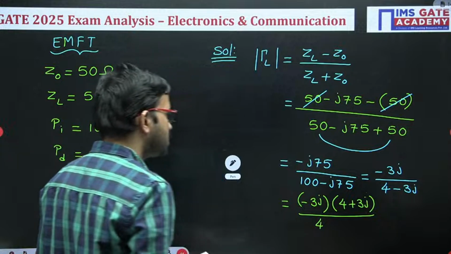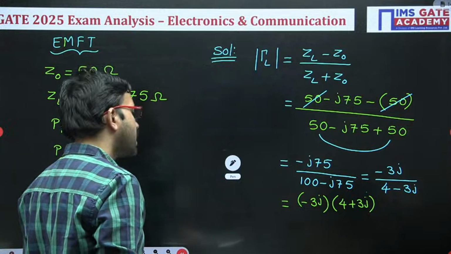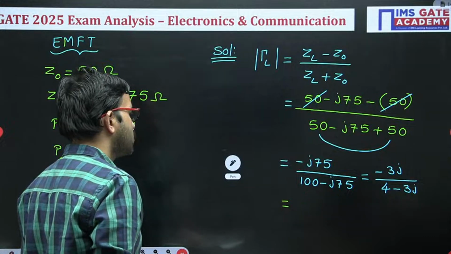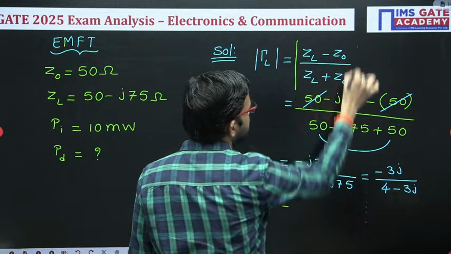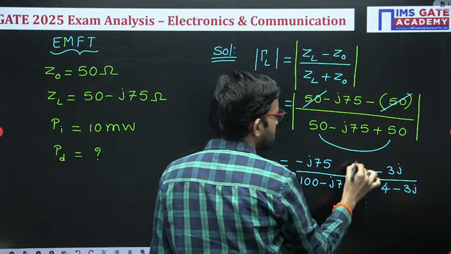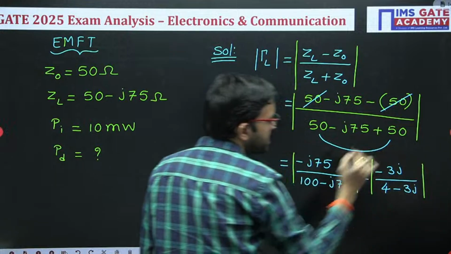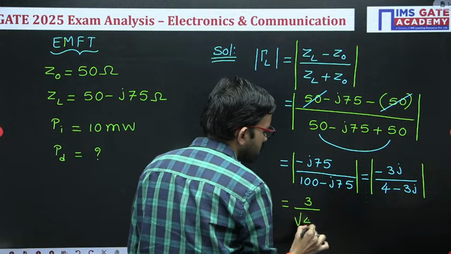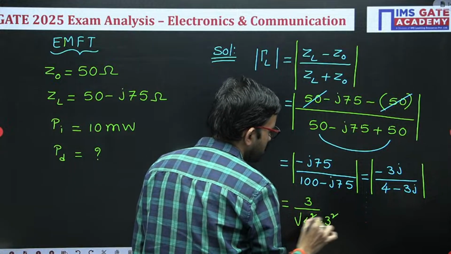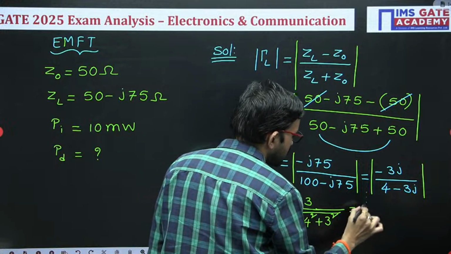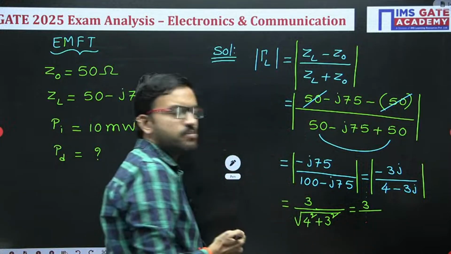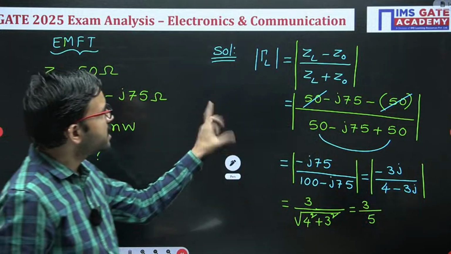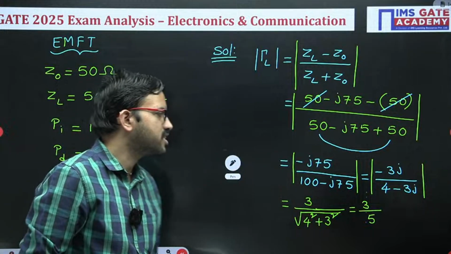Here we just need the magnitude, so put modulus. The numerator is 3, the denominator is the square root of 4 square plus 3 square, which is root 16 plus 9, root 25, that is 5. So 3 by 5 is the gamma magnitude.